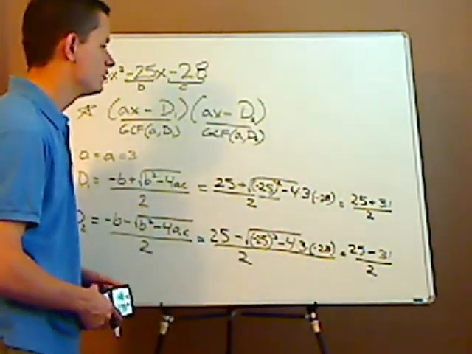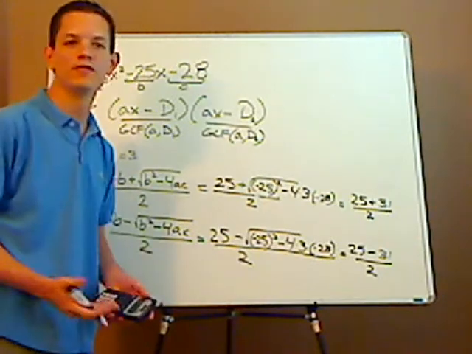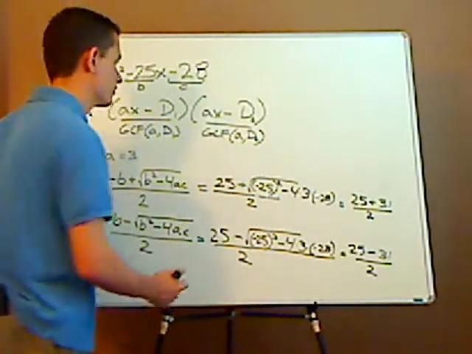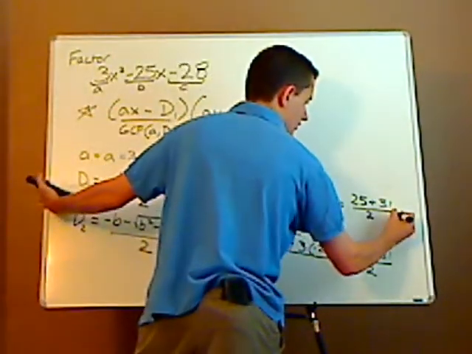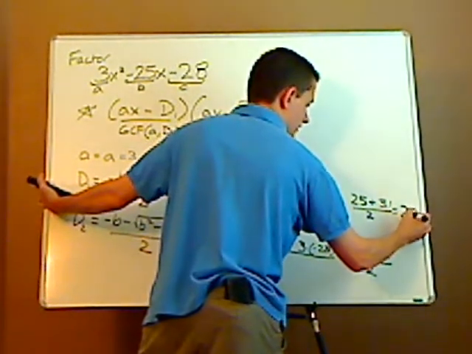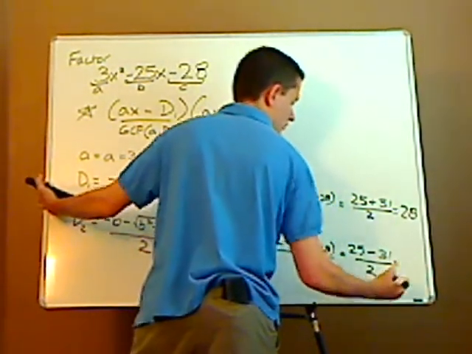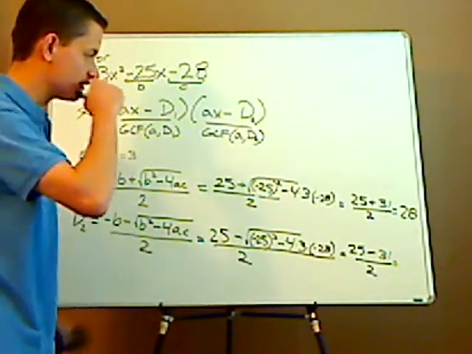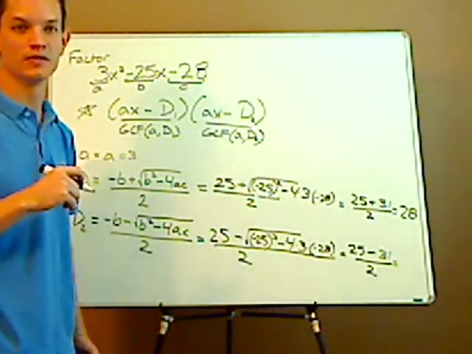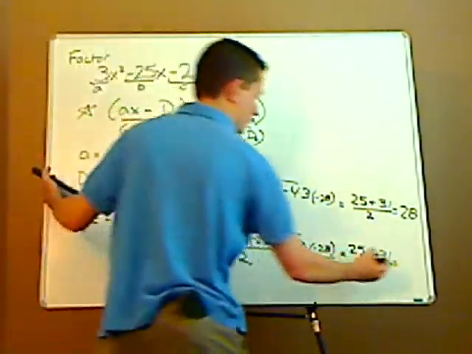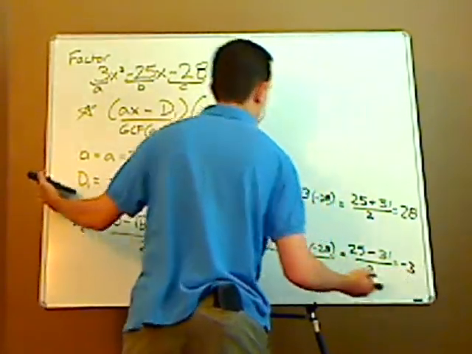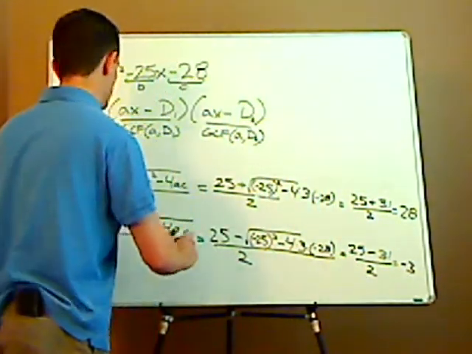25 plus 31 is 56. 56 divided by 2 is 28. So that's 28. Now 25 minus 31 is negative 6. Negative 6 over 2 is negative 3. So let me write some of this information down.